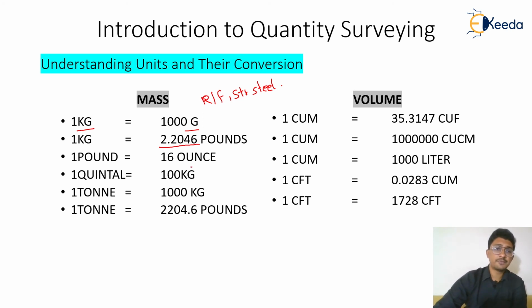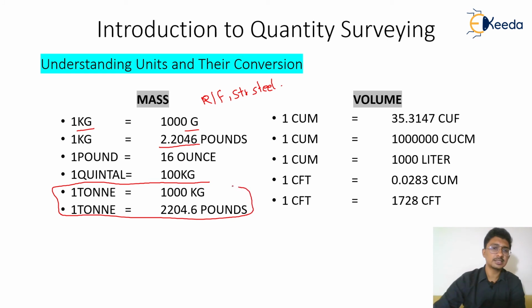But related to reinforcement and structural steel, we more focus on the ton and quintal ones. Most of the time 1 ton is equal to 1000 kg, that is equal to 2204.6 pounds also. So this quantity you need to mug up and keep by heart, because related to structural steel and reinforcement we go in tonnage only.